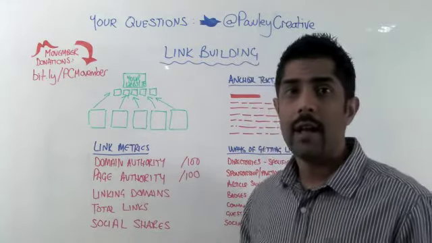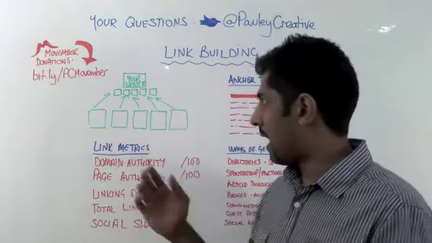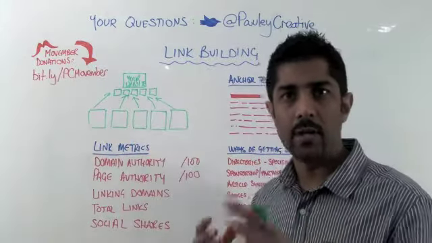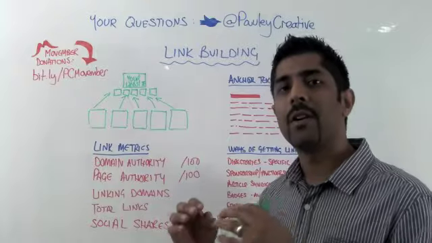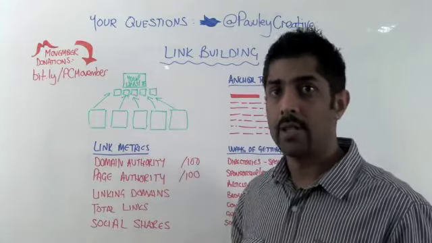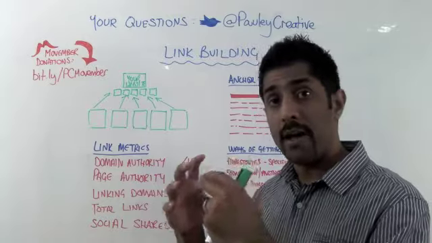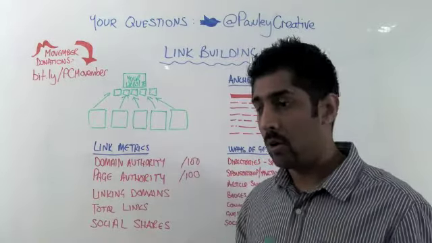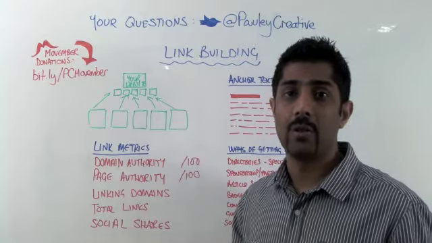Page authority. So this is more on a page level. How authoritative are your product pages or your service pages or the case study pages? How many other authoritative websites are linking back to your product pages to give your product page a bit more authority? And this is where advertising in or listing your products in directories will help.